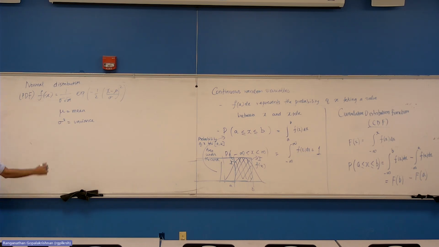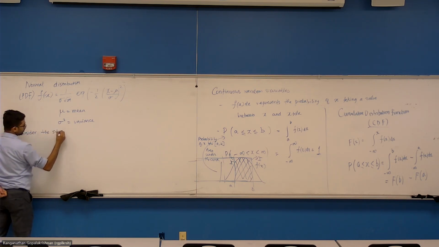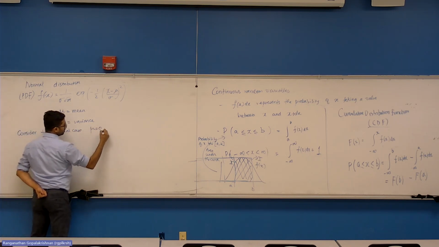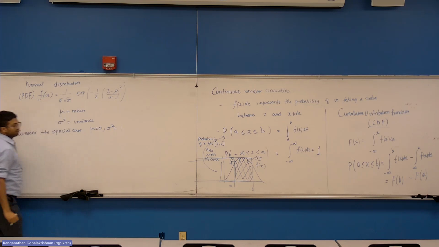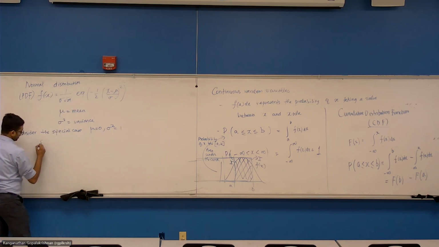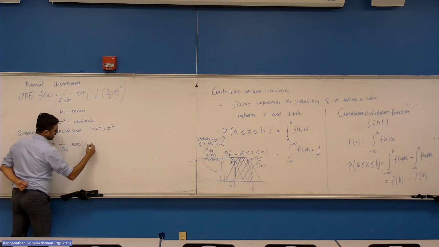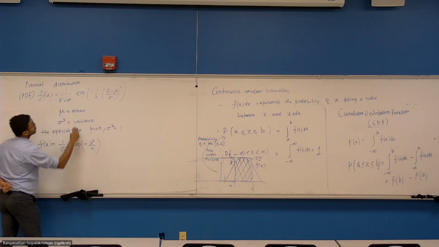Okay. Now, consider the special case where mu is 0 and sigma squared equals 1. That would mean f of x equals 1 over square root of 2 pi, exponent of minus x squared over 2.